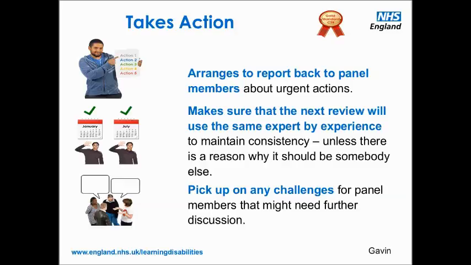That includes the expert by experience, because a family carer or a person with learning disabilities might know where to go for that service, because they've got knowledge of what advocacy services are out there available. So it's very important that you listen to the views of the experts by experience as well.